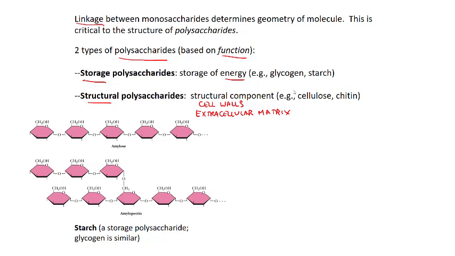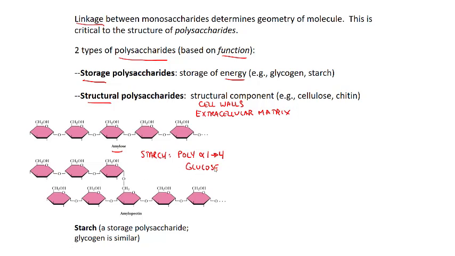All right, so let's talk about starch first. So starch, it's a mixture of two molecules, amylose and amylopectin, but they're basically the same thing. It's a polymer of glucose connected by alpha 1 to 4 linkages.